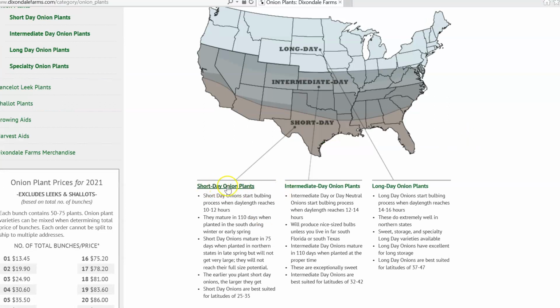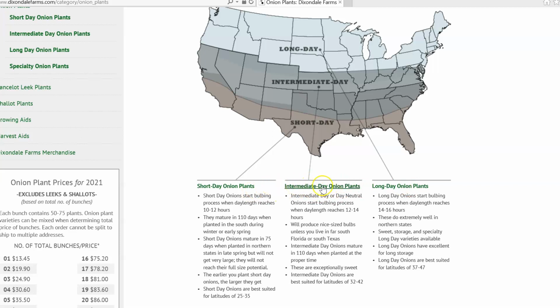If you go to the website, you can actually see the type of onions that will suit the particular zone.